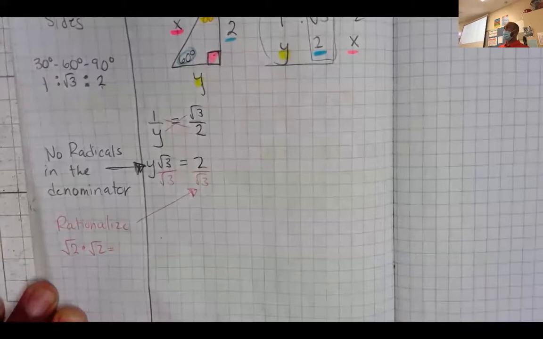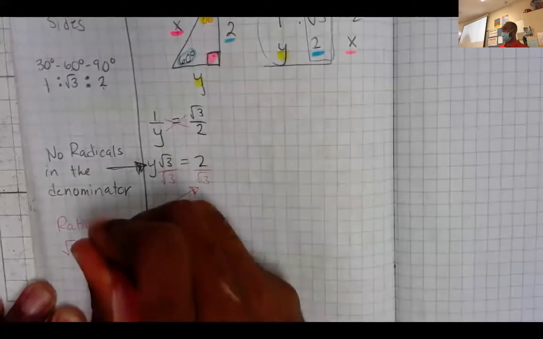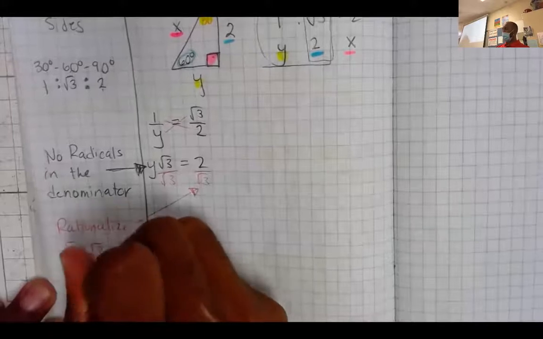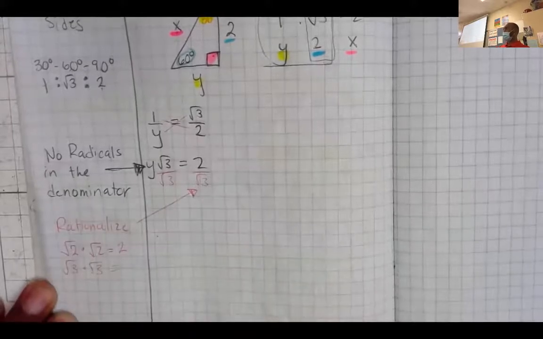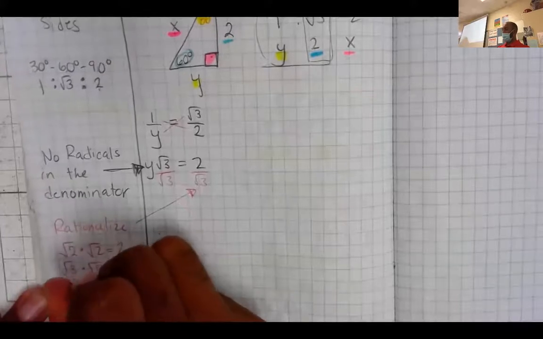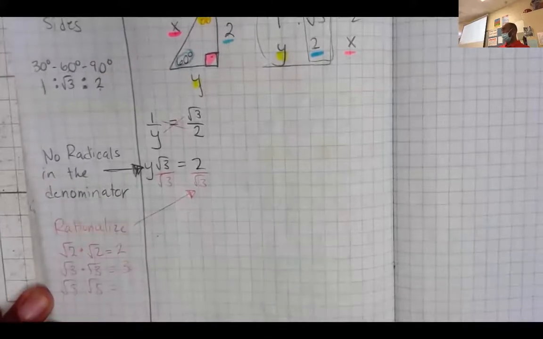And what's the square root of 4 equal to? 2. All right, so if I take the square root of 3 times the square root of 3, what's that equal to? 3. Square root of 5 times the square root of 5 is equal to what?